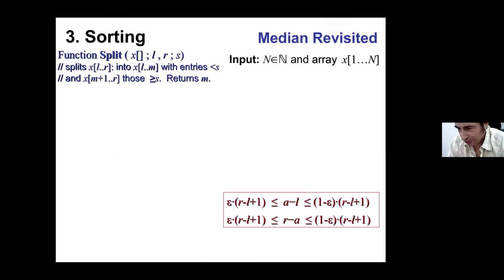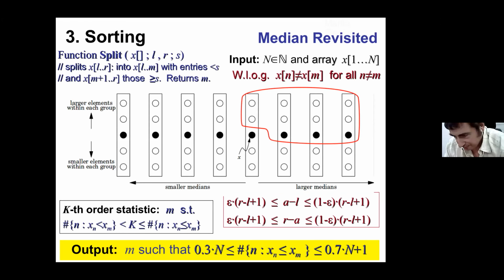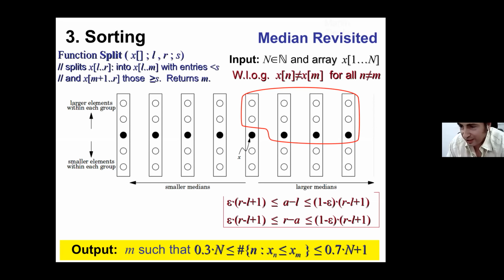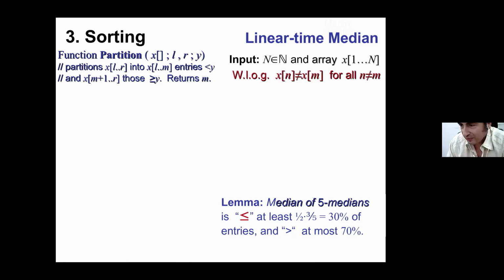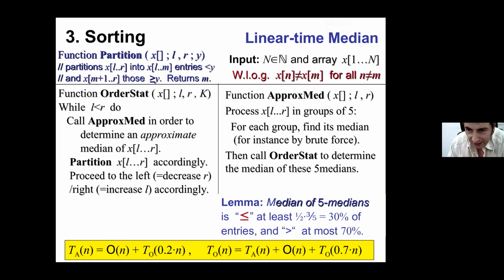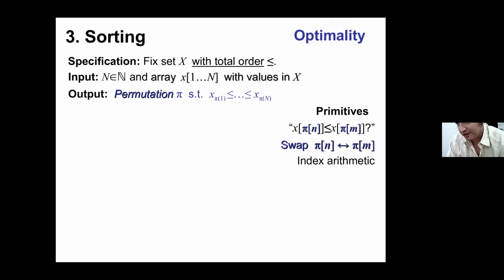This algorithm now gives you a linear time estimate for epsilon equal to 0.3, and by using the pivot element choice which comes from this linear time median, you can get QuickSort to be O(n log n).